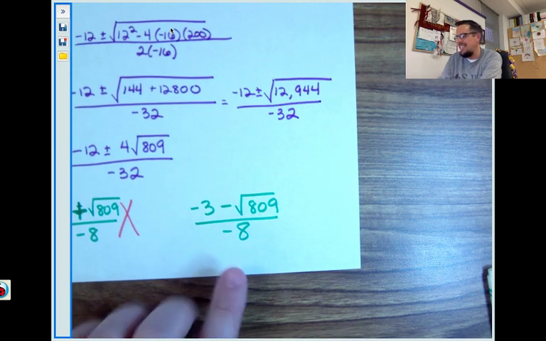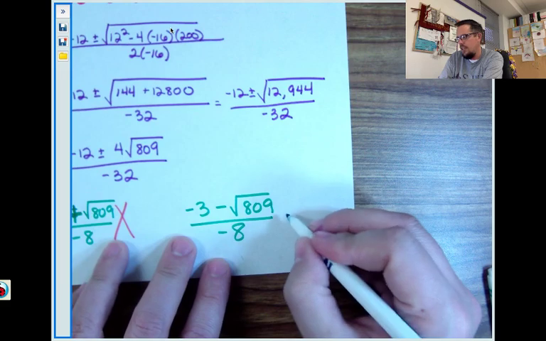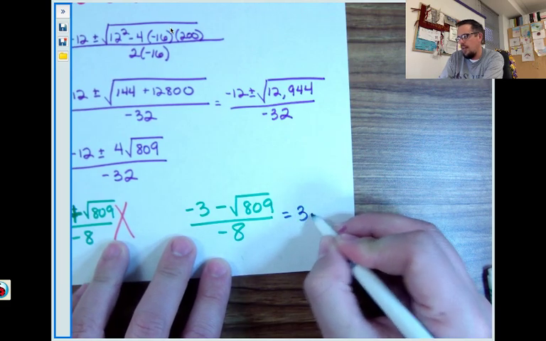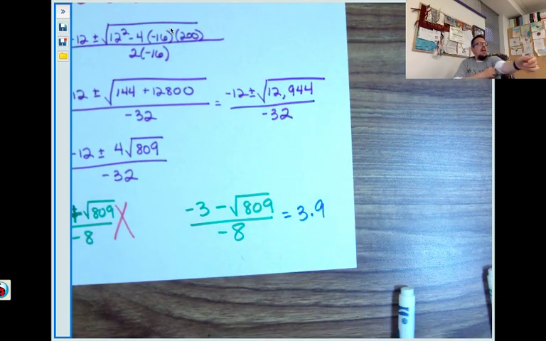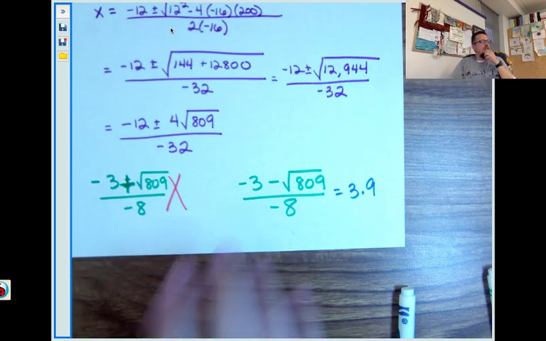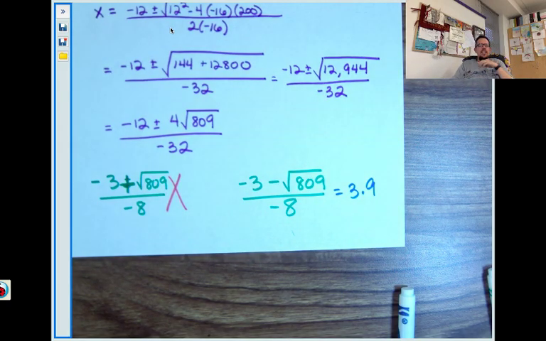If you type it into the calculator just like this, you get about 3.9 as a decimal. Why am I suddenly doing decimals? Well, because if I said how long is it going to take my calculator to hit the ground, and you said it's going to take negative 3 minus the square root of 809 over negative 8 seconds, you'd get hurled off the building next. How long is it going to take?